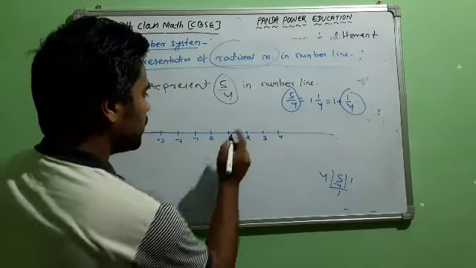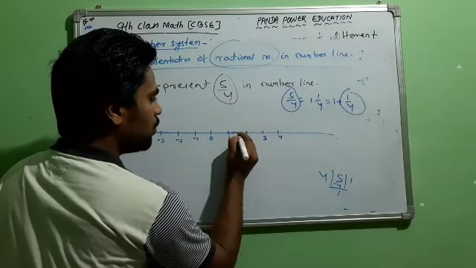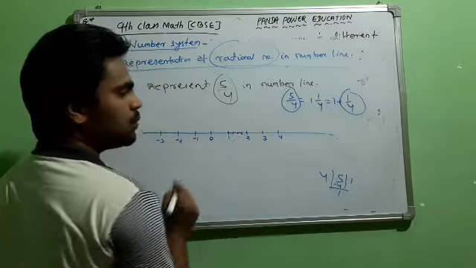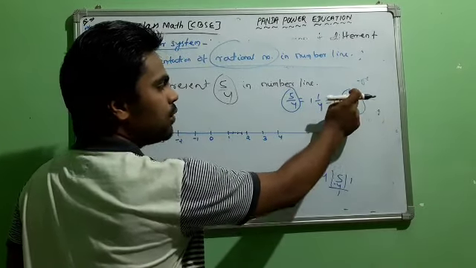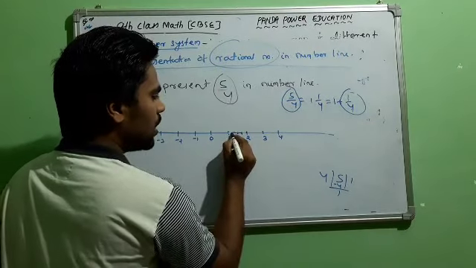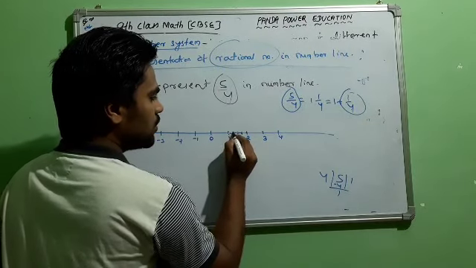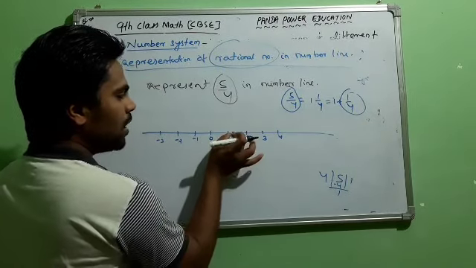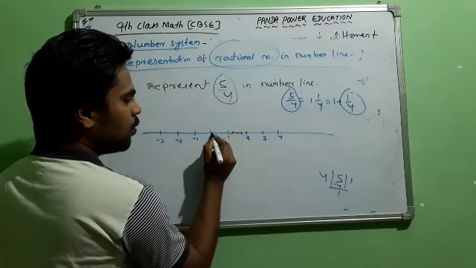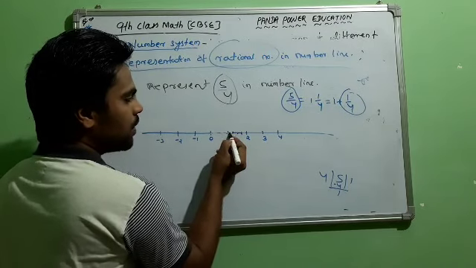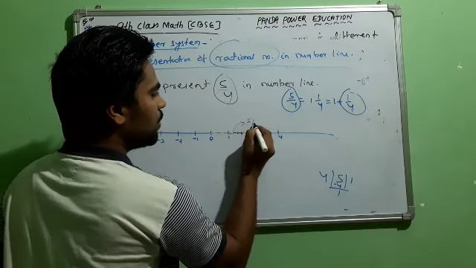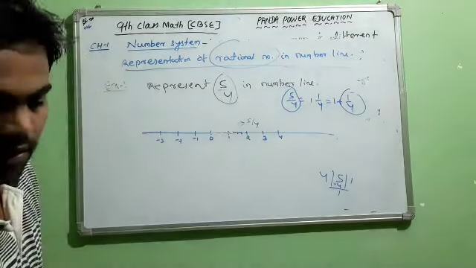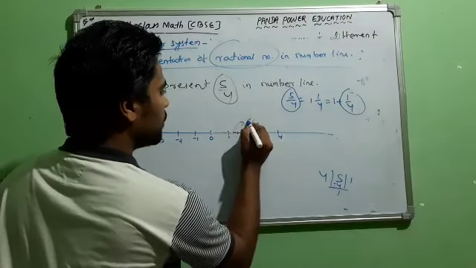You can easily understand. How many parts do we require? From 4 parts we require 1 part. That value is 1 plus 1 by 4, and that value is called 5 by 4. Got it?